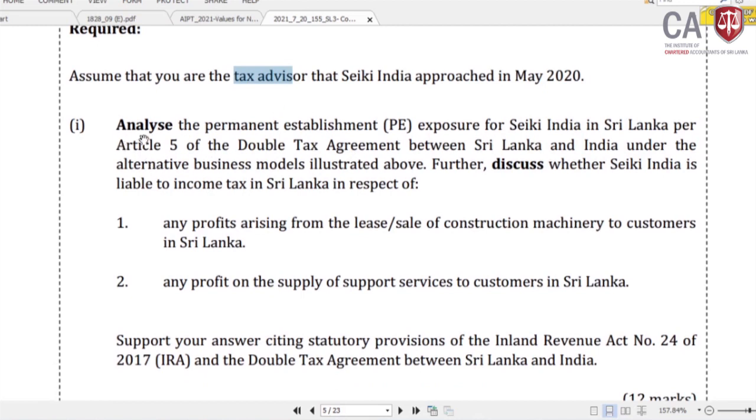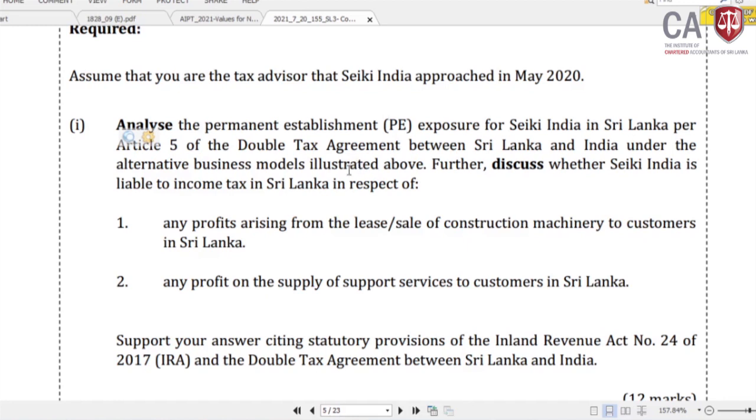It has very clearly provided that you should analyze your answer as per Article 5 of the double tax agreement between Sri Lanka and India under the alternative business models illustrated above. In the question, you can understand when reading the requirement, there are illustrations for the models given. Based on those models, you have to analyze each model based on Article 5 of the double tax avoidance agreement.